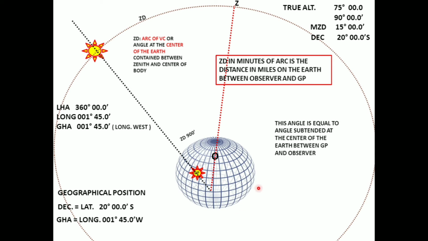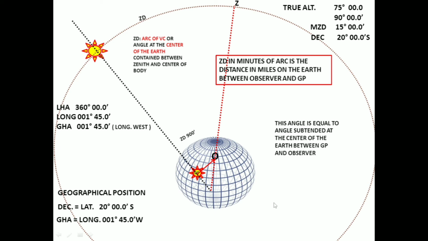Now zenith distance here, 15 degrees, if I convert it into minutes, then that would be the distance between the observer and the GP. So zenith distance is about 900 miles here.